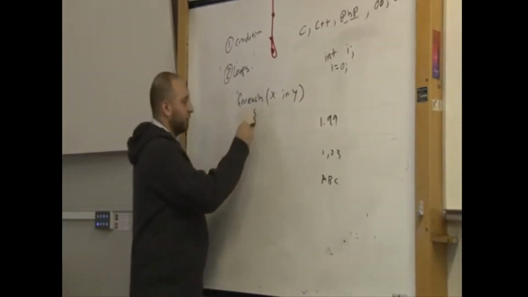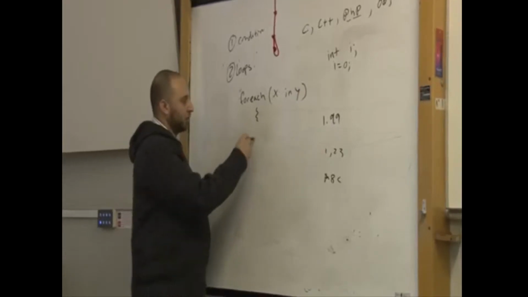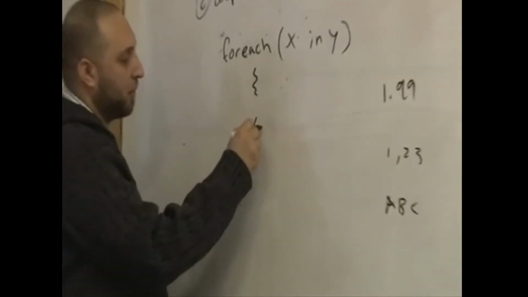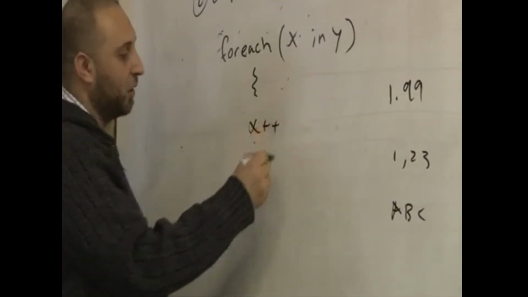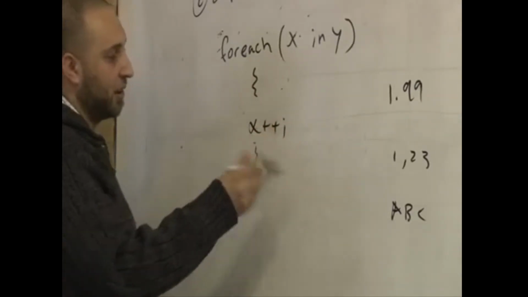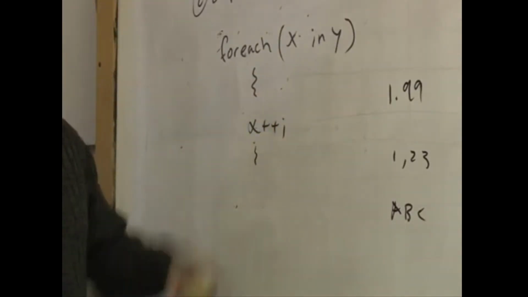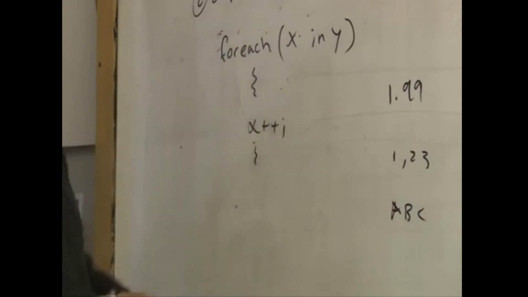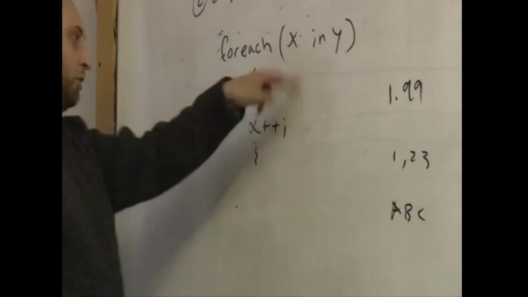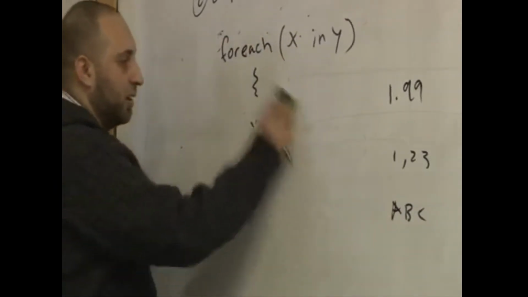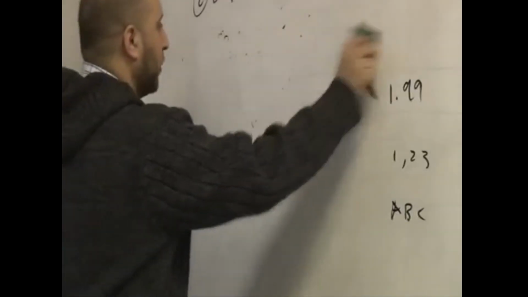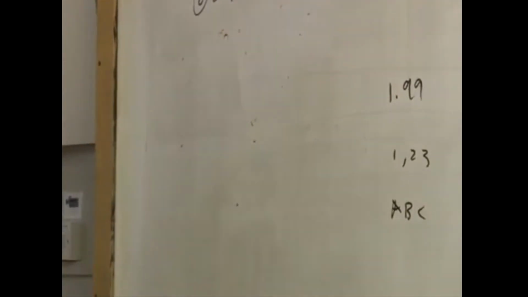And then you would do something to x in y. So you say maybe x plus plus, so add 1 to x. It could be something as simple as adding 1 to the value of x. So if this was 2, it would be number 3. So that's basically the foreach loop for you.